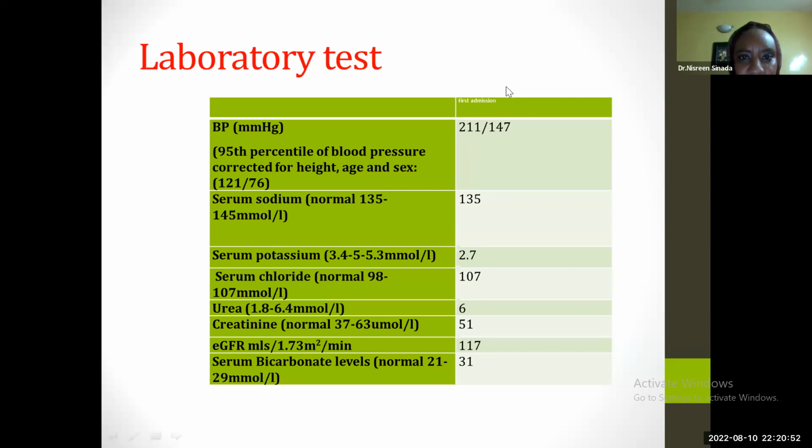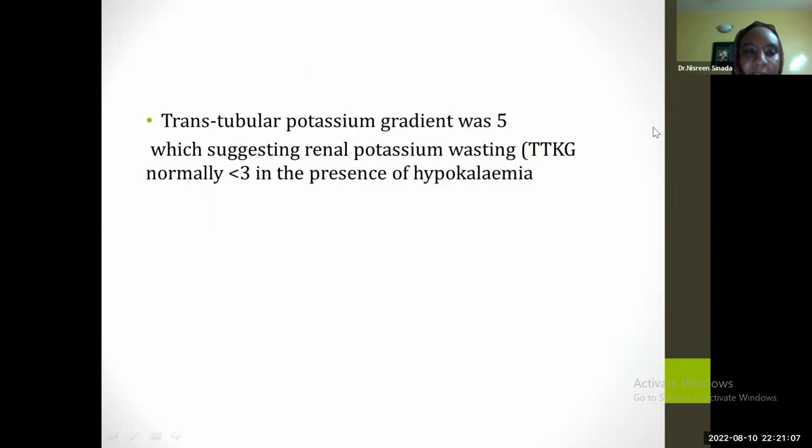Yeah, we need to do the aldosterone level and renin level. Okay, we did the transtubular potassium gradient.